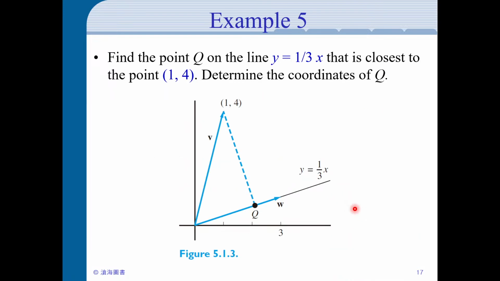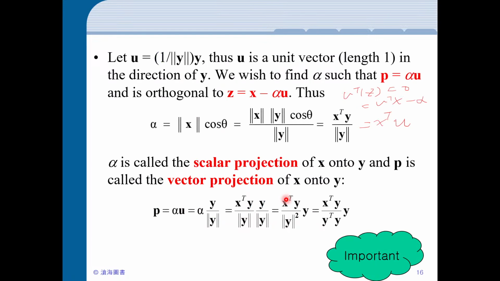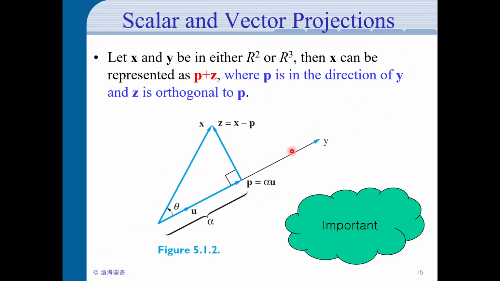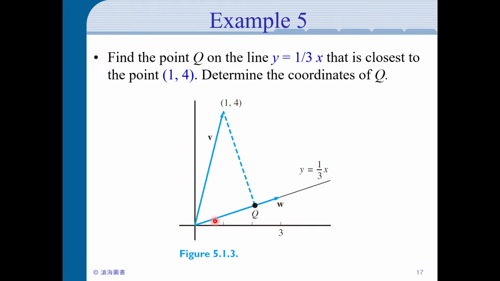Anyway, let's see an example. We talk about geometry. We were talking about vectors, but we can also think of y as just a line, so we can think about a projection onto a line. That's a more geometric thing to do.